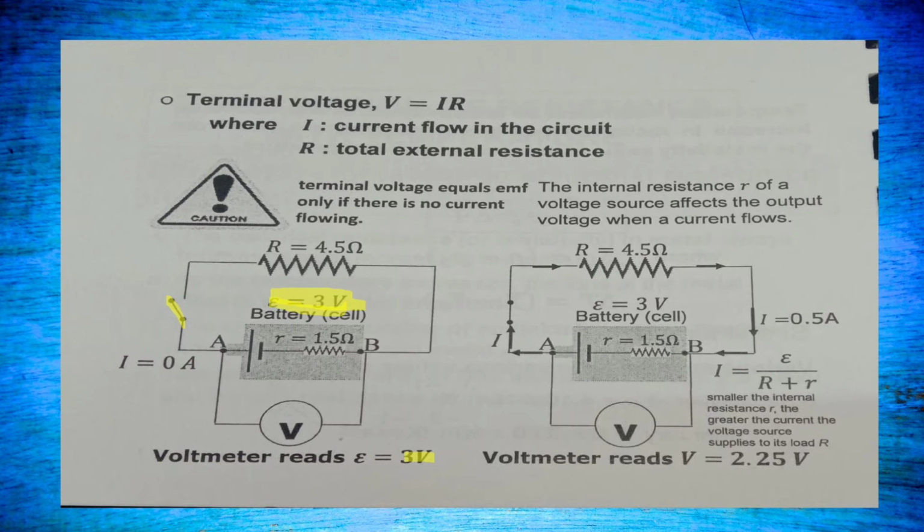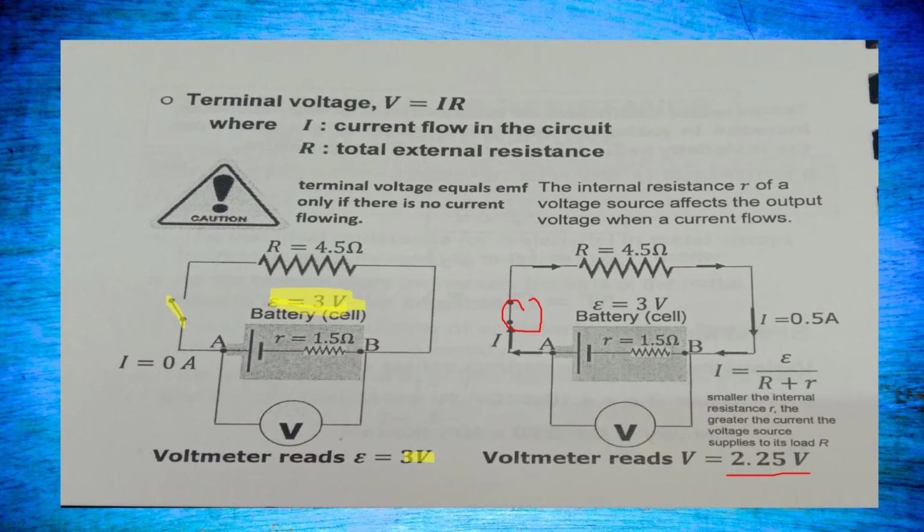Tapi bila ada current flowing, because the switch is turned on, there is a current flowing in this circuit. So the EMF is 3 volt, but the voltmeter reading shows 2.25 volt, lesser than the EMF.